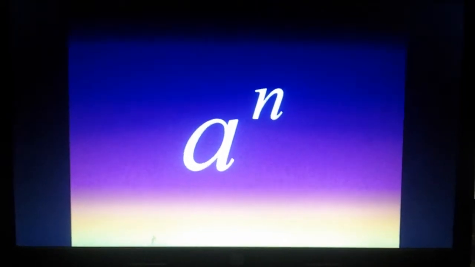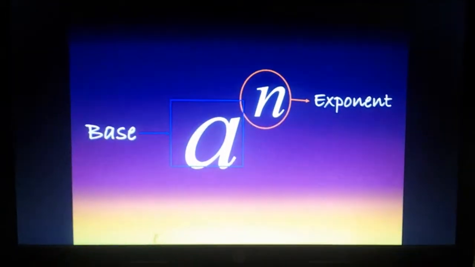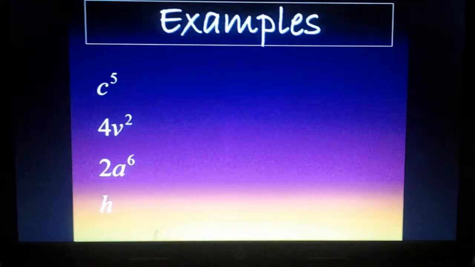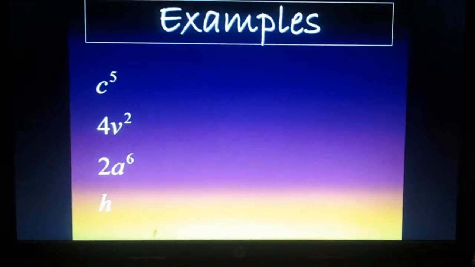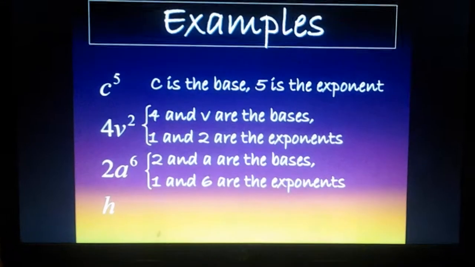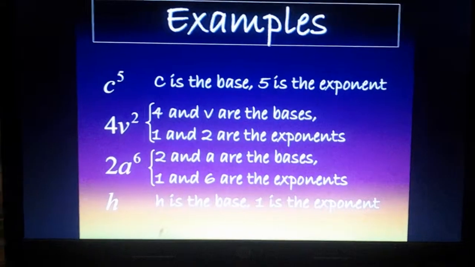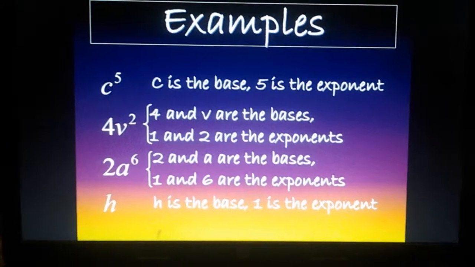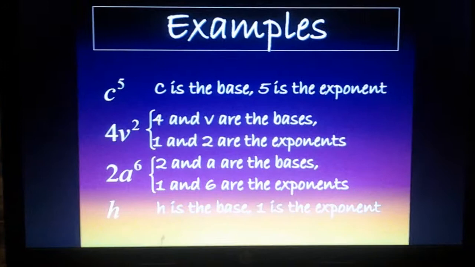As you can see, we have our exponent and our base. This contains a monomial, and you look at the examples. How do I identify which one is the base and which one is the exponent? These are examples of how to find the base and then the exponent. If you notice, for the first one, c is the base, 5 is the exponent.